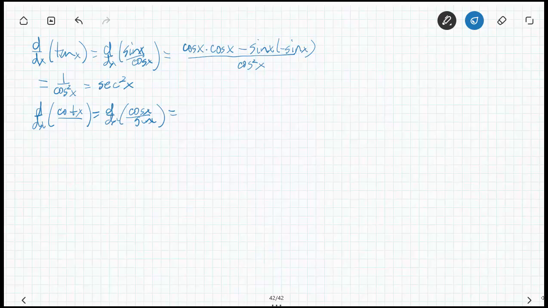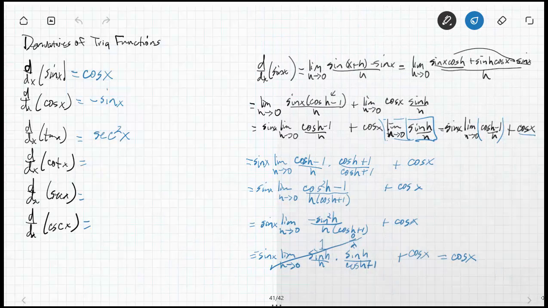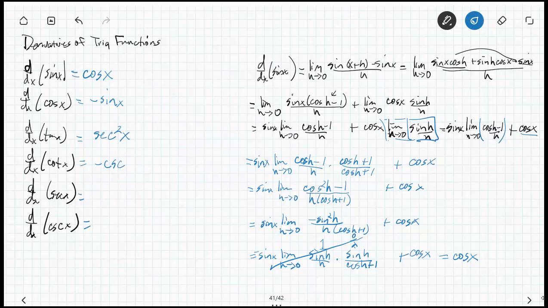Low d high, which is going to give me a negative sine squared x, minus high d low, which is going to be minus cos squared x, all over low squared, sine squared x. Factor out your negative, and guess what you get? You get negative 1 over sine squared x, which is negative cosecant squared x.